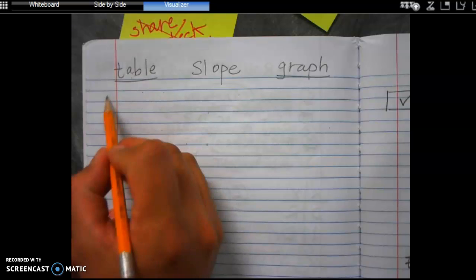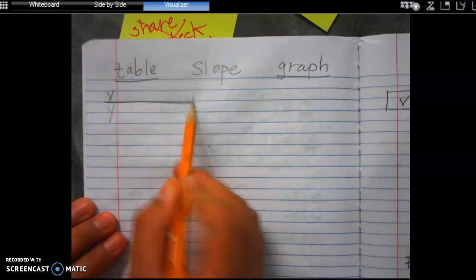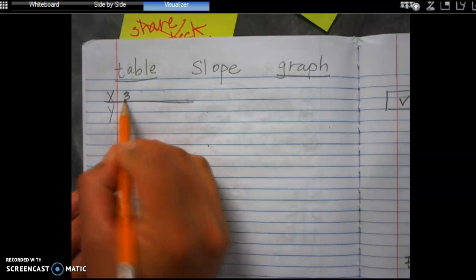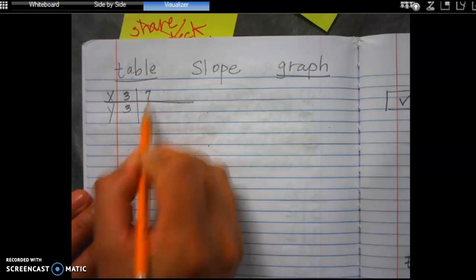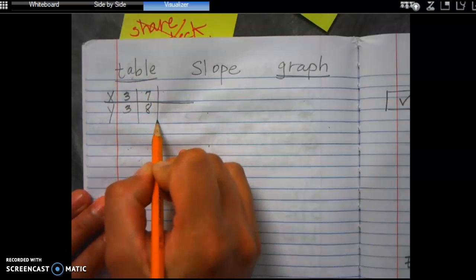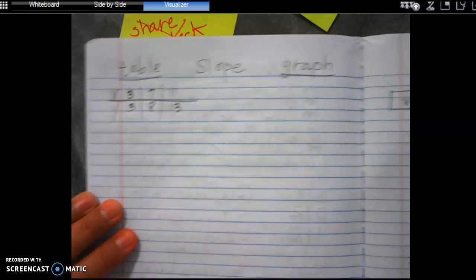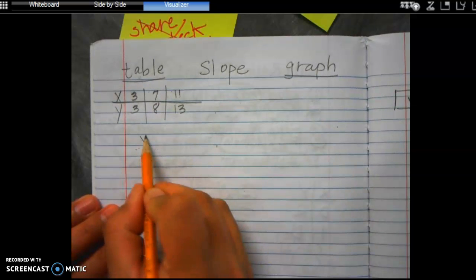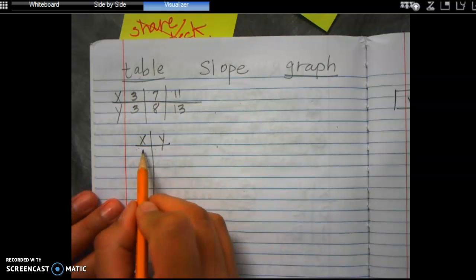They're just different ways that we're given information, right? So the first way, if I draw a table that is horizontal, this one is laying down sideways. I'm just going to put some numbers in there for my x and my y values. Then I'm going to do another table, same values, but facing vertically this time, so we can see how we get points from a table.